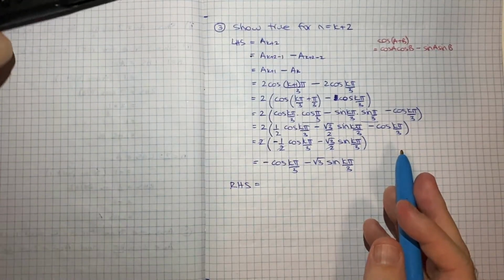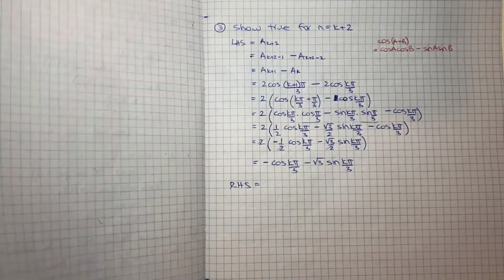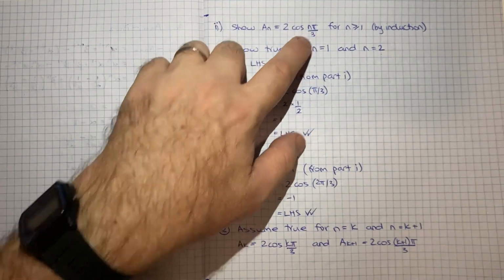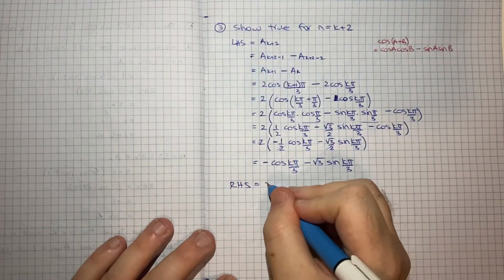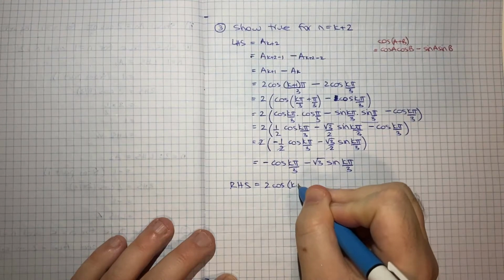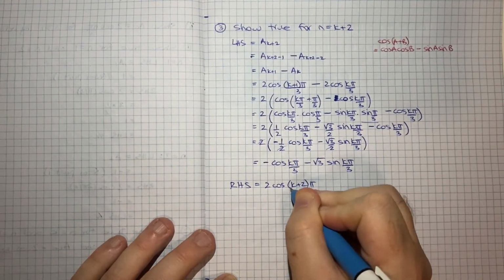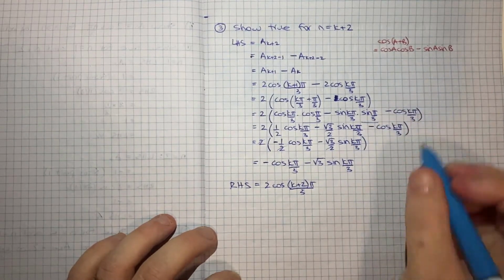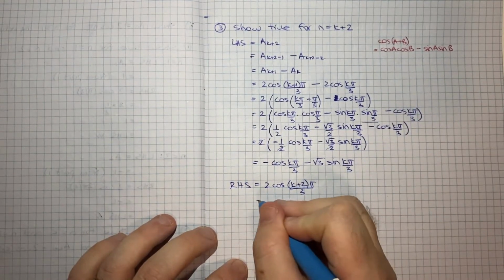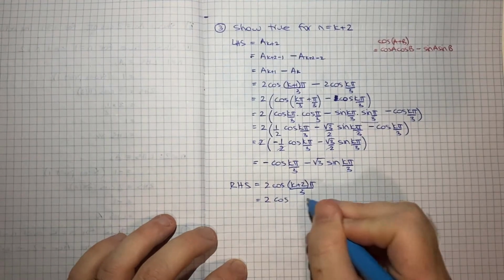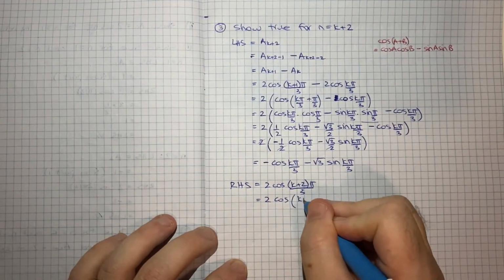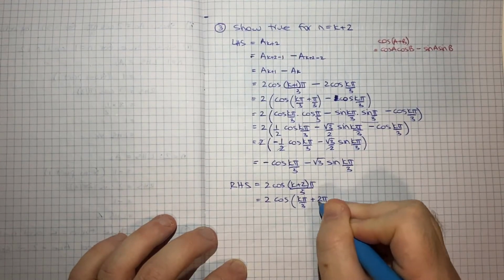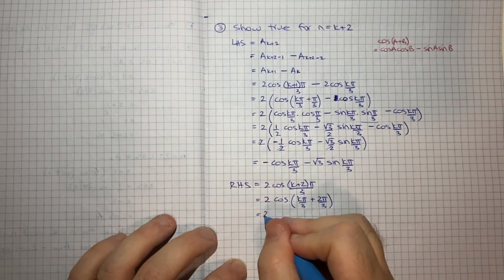Now in our case, for n is equal to k plus 2, the right hand side becomes 2 cos k plus 2 pi on 3. So what can we do with that? I think we can use this result up here. So I'll just write that as 2 cos k pi on 3 plus 2 pi on 3.